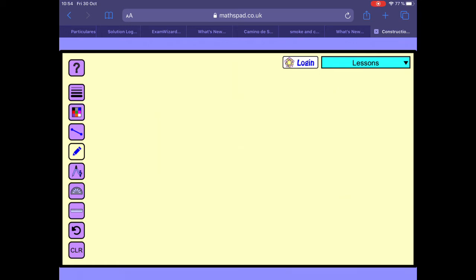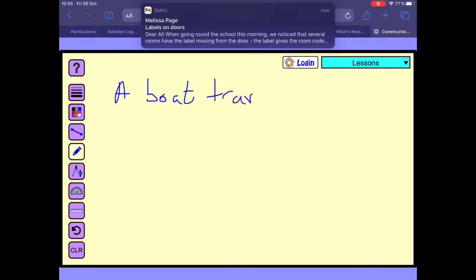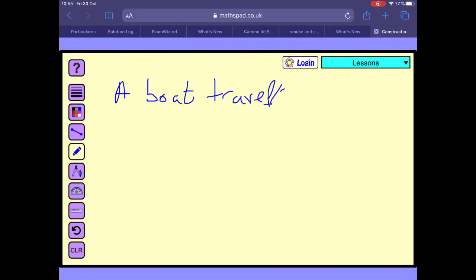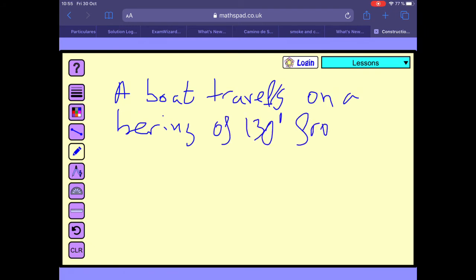The final kind of question they could ask you, and there are a lot of scale drawings, would be something along the lines of: a boat travels on a bearing of 130 degrees from the port for 10 miles.